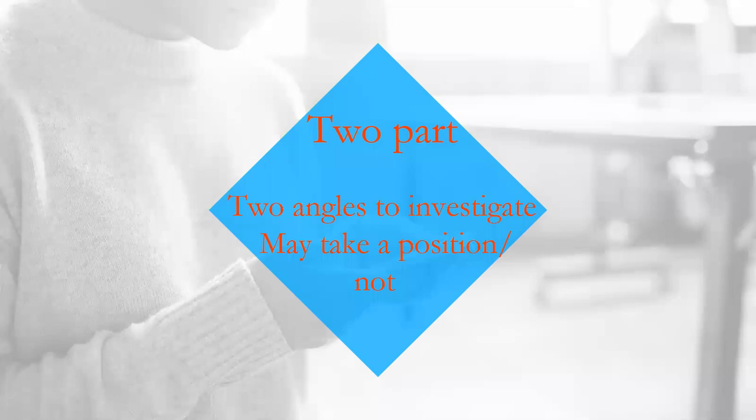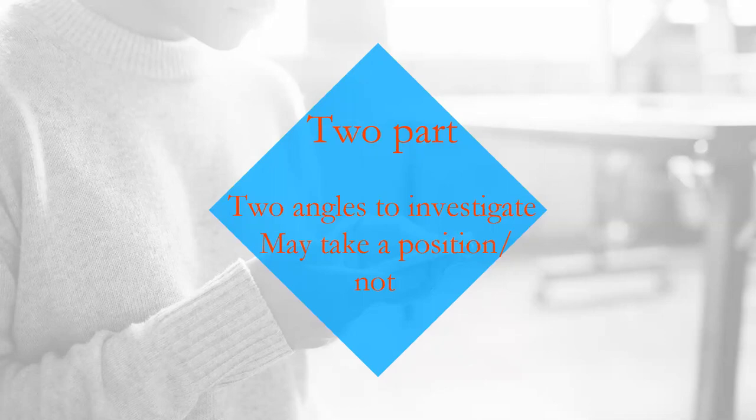Then we have 2-part questions, and this would require that you look at 2 sides of the question. For example, the first part would ask you, in what ways has technology affected the types of relationships people make nowadays? And then the second part would ask you, has this become positive or negative? Or do you consider the ways positive or negative?